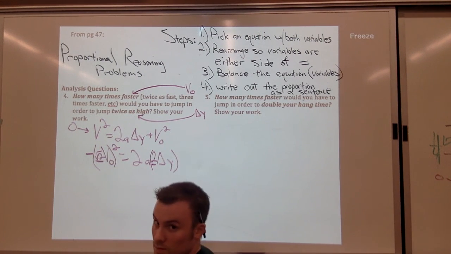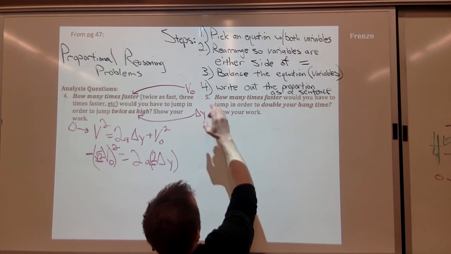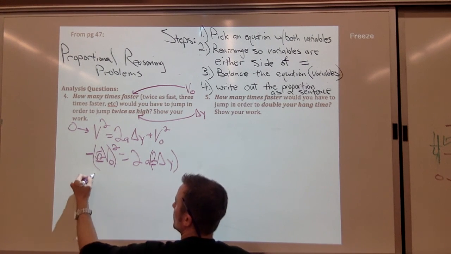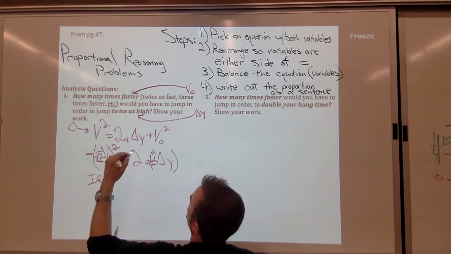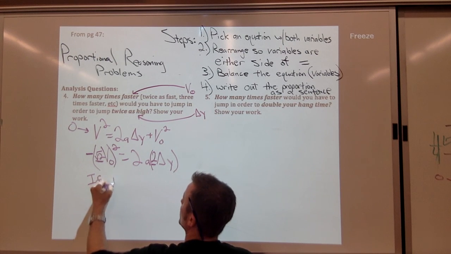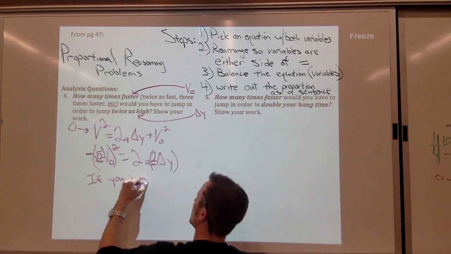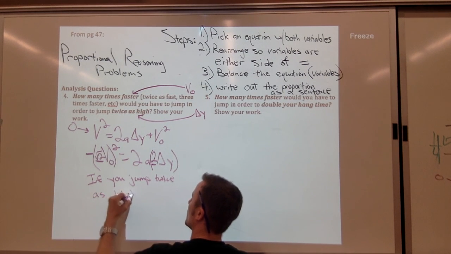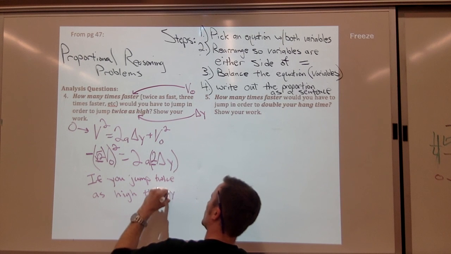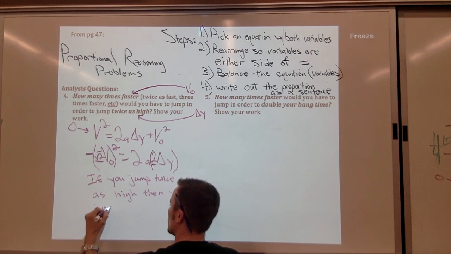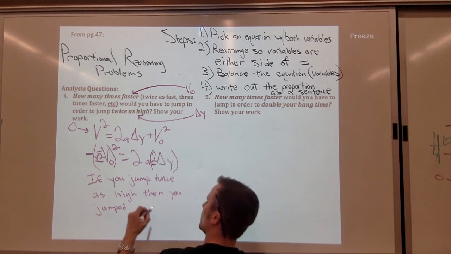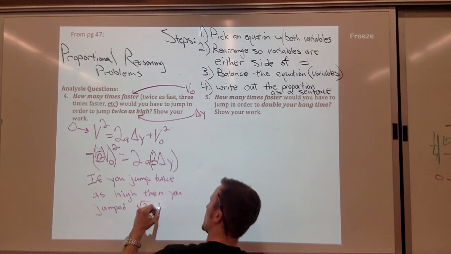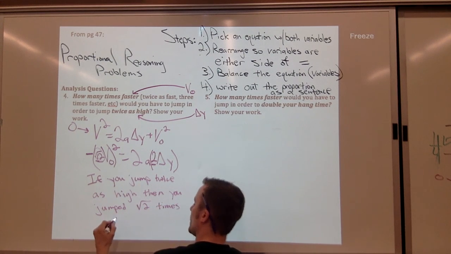So basically, step 4 would be to write out the proportion as a sentence. If you jump twice as high, then you jumped root 2 times as fast.